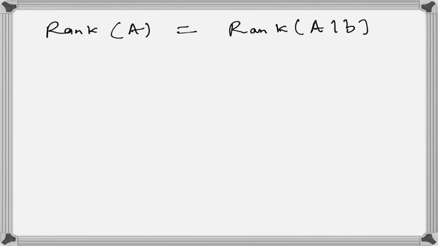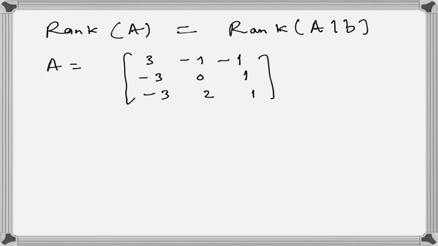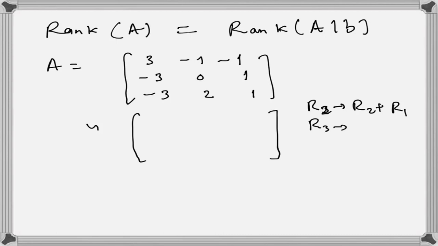Alright, so let's try to find the rank of A. We have A, which is given by 3 minus 1 minus 1, minus 3 0 1, minus 3 2 1. Then we apply the row transformations R2 is R2 plus R1, and R3 is R3 plus R1.